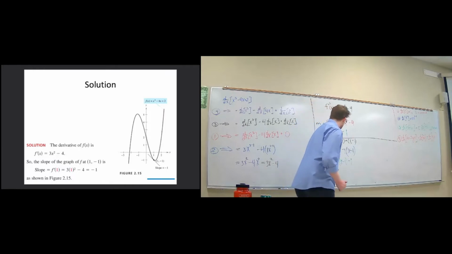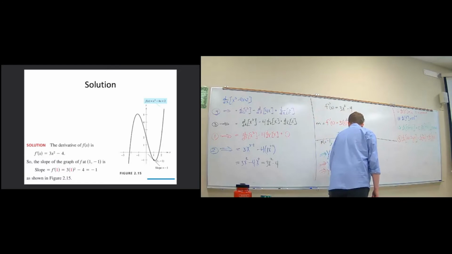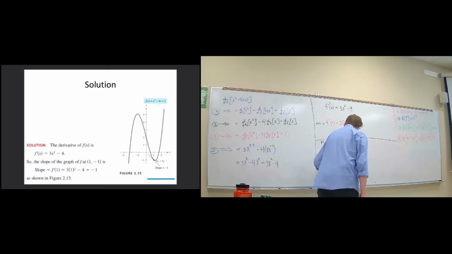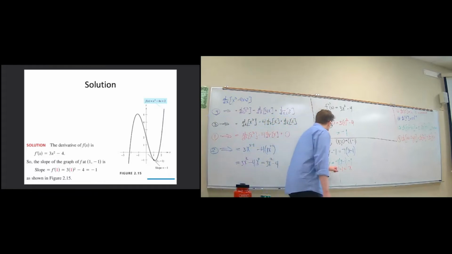Now distributing this -1 all the way through. We get that the equation of our tangent line is equal to -x.